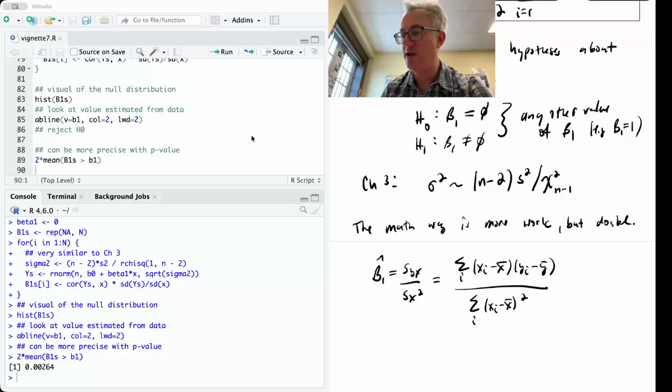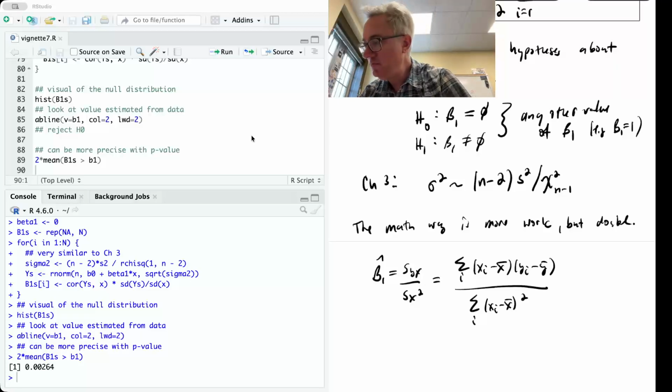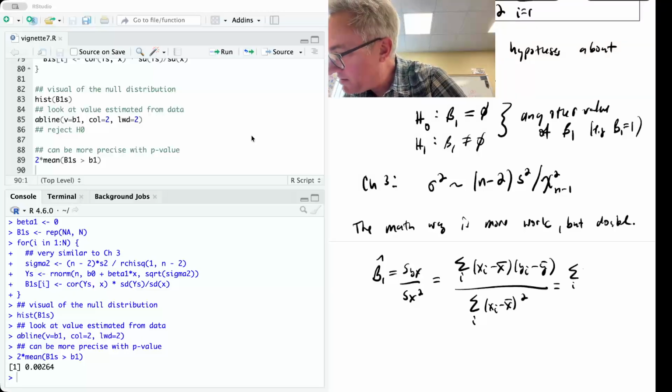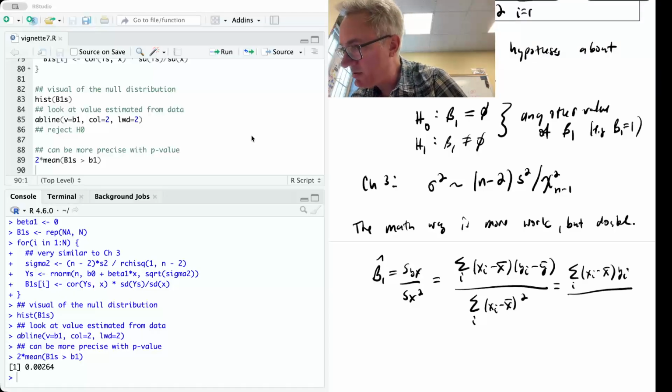So that's just me writing out Sxy and Sx squared. The 1 over n minus 1 that would appear in the numerator and denominator cancel. And a nice little homework exercise here is that the numerator will simplify. I encourage you to work this out.